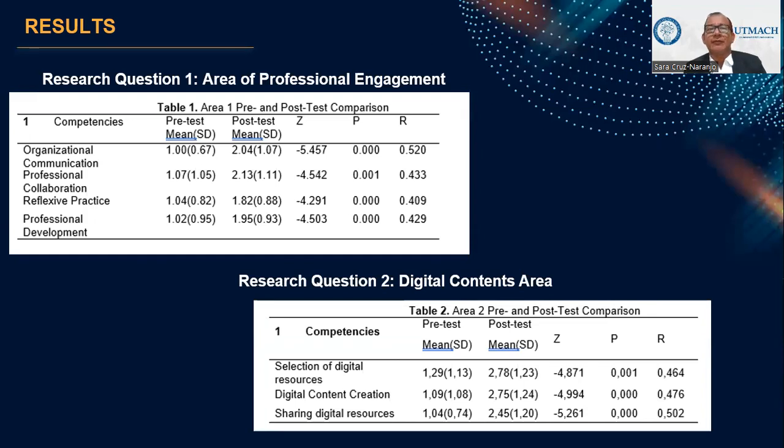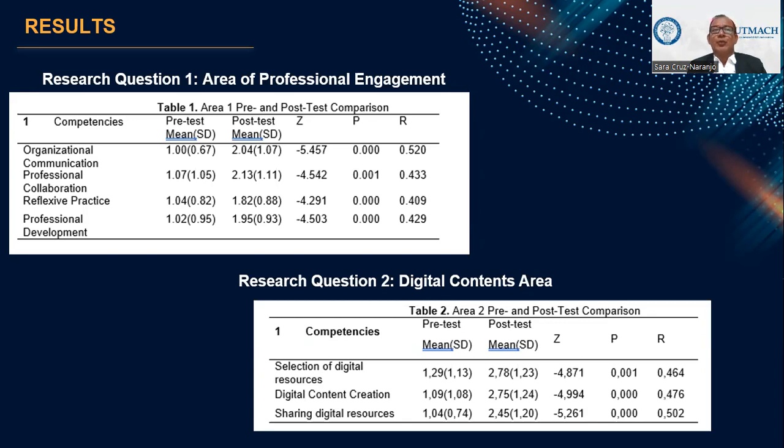At the C2 level, there was an increase from none to 2, which is 4%. Table 1 shows that the average results of the post-test are higher than those of the pre-test in all the competencies analyzed in the area of digital competency professional engagement.